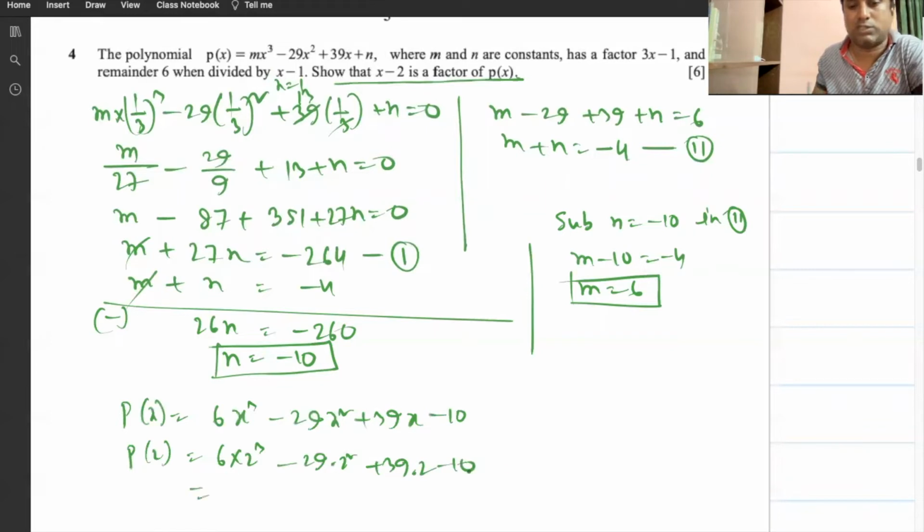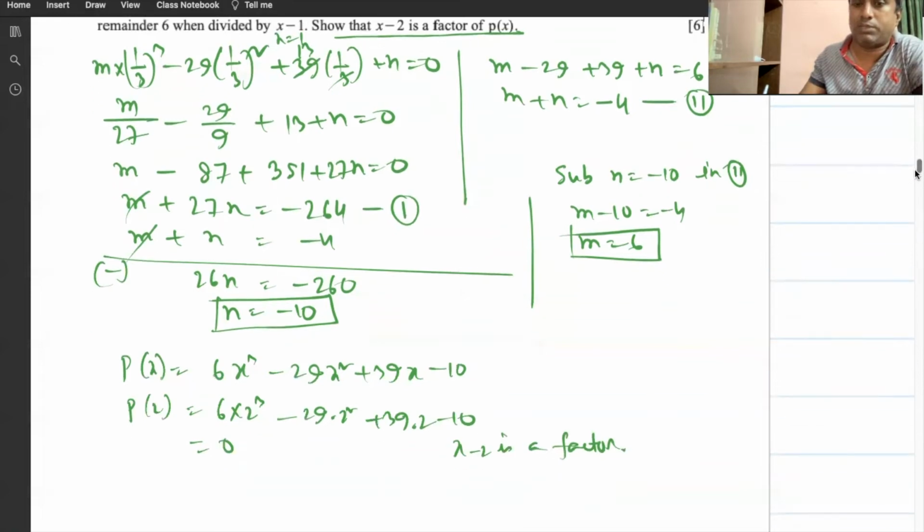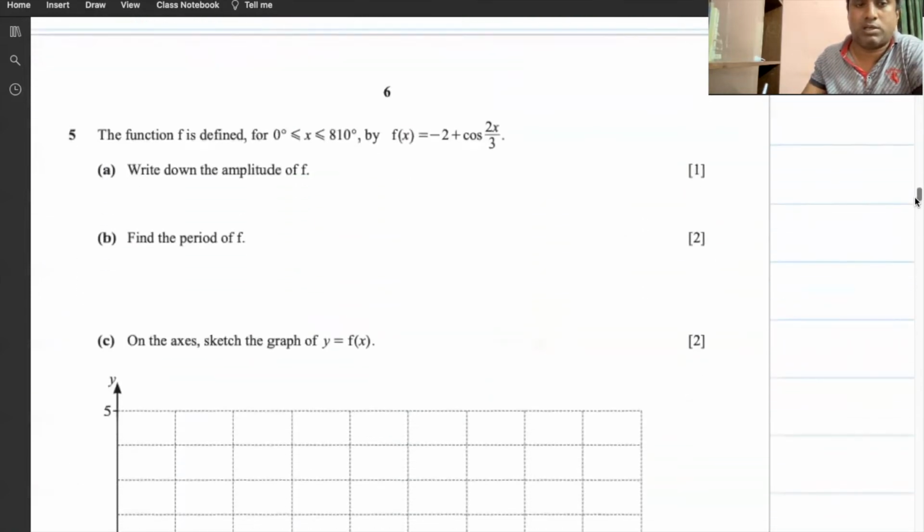If we simplify all the things, we are having 0. Then we can say that x minus 2 is a factor. So that's all for question number 4. Now let me solve question number 5.